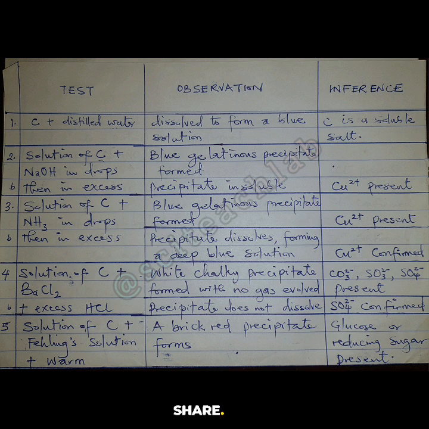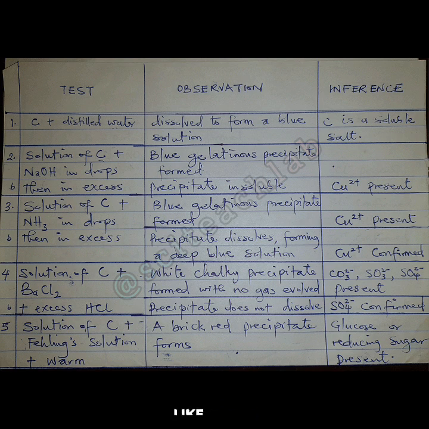Then we tested with ammonia also. So we took another test tube and added a little amount of solution C to the new test tube and added ammonia in drops. We observed also that the blue gelatinous precipitate was formed. That also tells us that, okay, copper is present here.